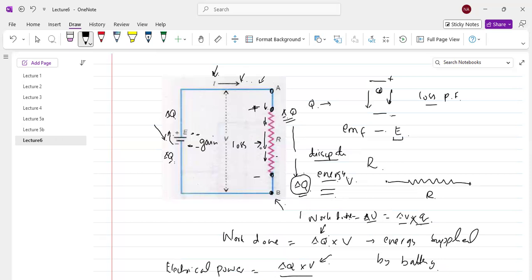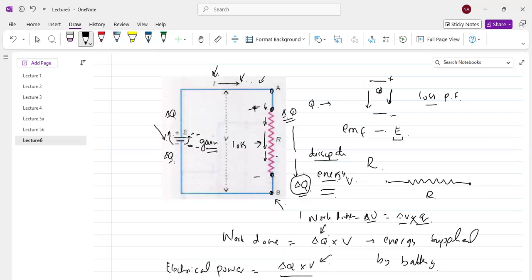If this battery is to maintain a continuous, constant current across the resistor, then the energy lost by the charges in moving from point A to point B will again be gained, or supplied, by the battery, as the battery moves this charge from its low potential terminal to high potential terminal.